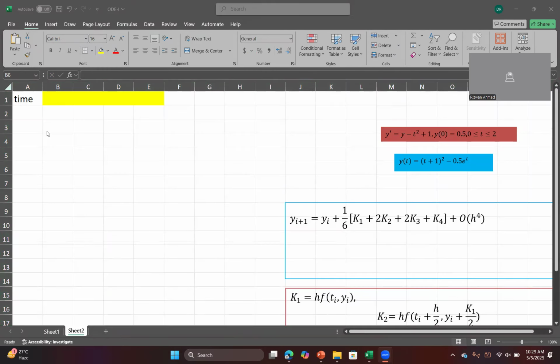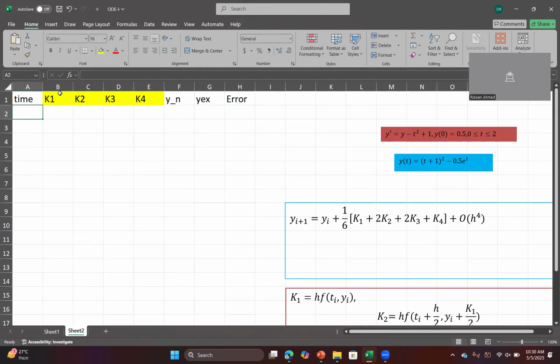So one cell for K1, one for K2, K3, and K4, and they will lead to the numerical estimate of y. So this is y numerical. And I will also then calculate the y exact and the error estimate for this problem.